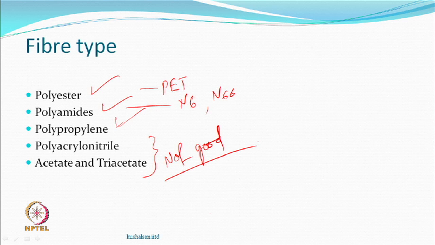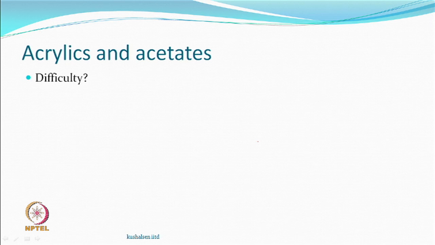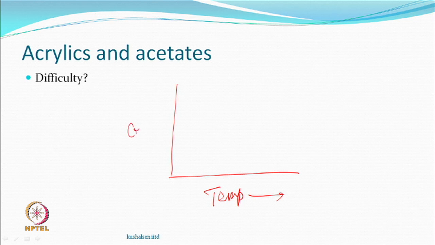And again I am reminding, the texturing we are talking about is thermomechanical texturing. So, difficulty level, for example, if you plot temperature here, and here let us say you are measuring crystallinity, for let us say a triacetate.